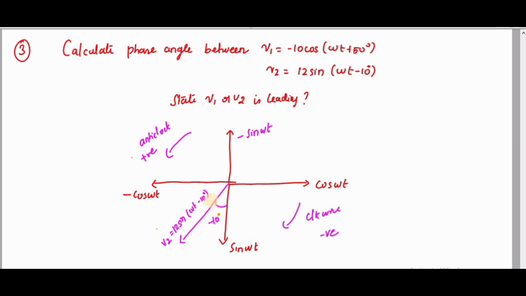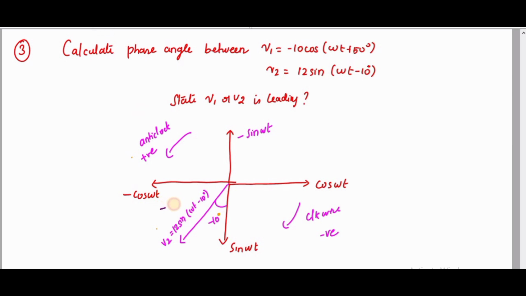Next, minus 10 cos omega t. Where is it? This is minus cos omega t. For minus 10 cos omega t, it is plus 50 degrees, which means it should be in the anti-clockwise direction. So this has to be here. This is your V1.